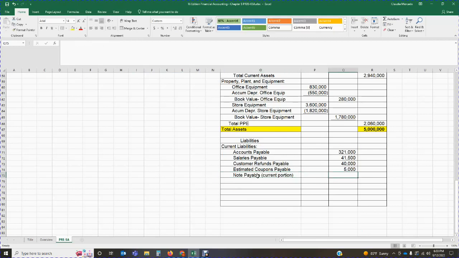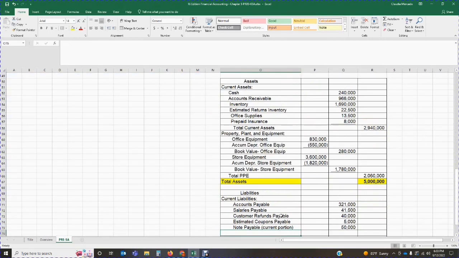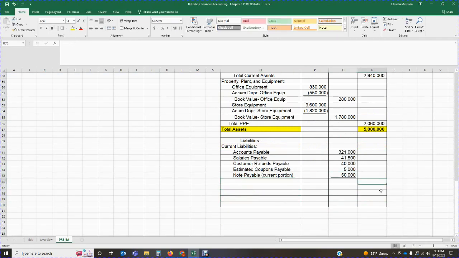And the current portion was $50,000. So that would basically be the last amount of our current liabilities. Remember, these are any liabilities that we're going to pay in a year or less. So we're going to add those together, and that gives me $457,500.